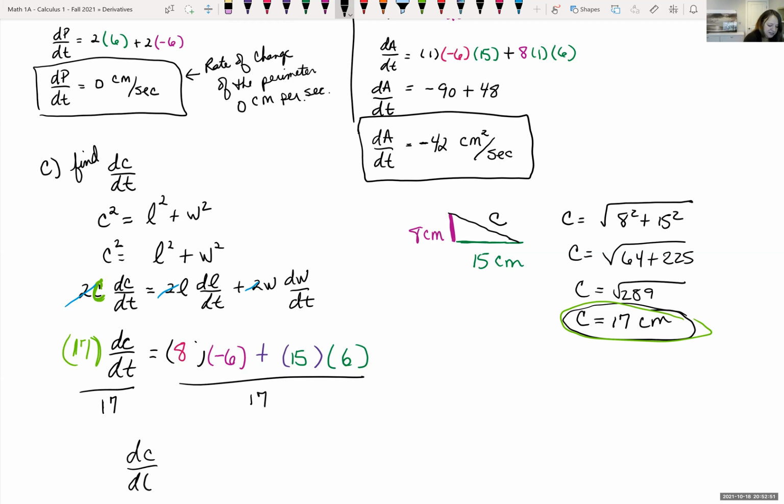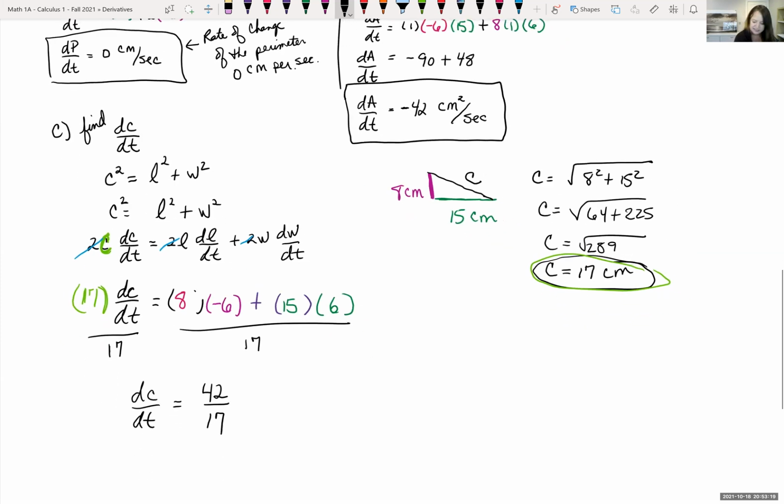The rate of change of our diagonal with respect to time is negative 48 plus 90, because 8 times negative 6 is negative 48, plus 6 times 15, which is 90. So that's positive 42 divided by 17. Which doesn't go in evenly, so let's just leave it like this.